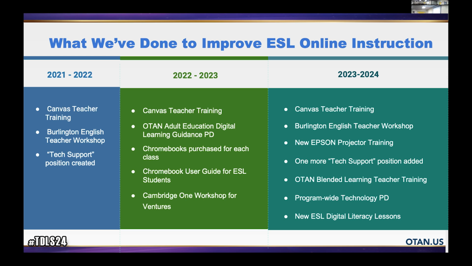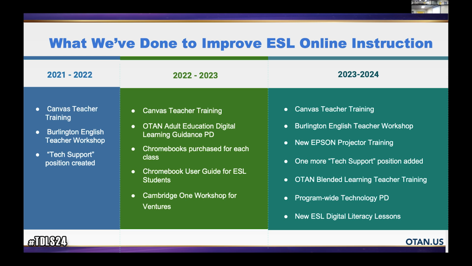And we had a new projector in our classroom, so we had a training from Maricel to train our teachers how to use the new projector. This year, we created one more tech support position in our school, so now we have 2 tech support teachers to help our staff on any tech issues.